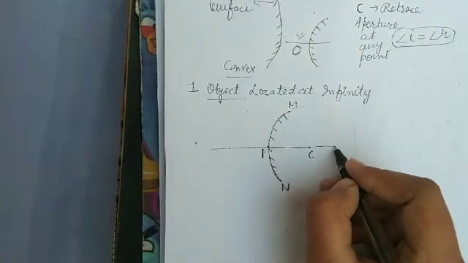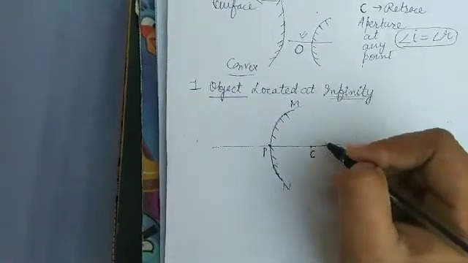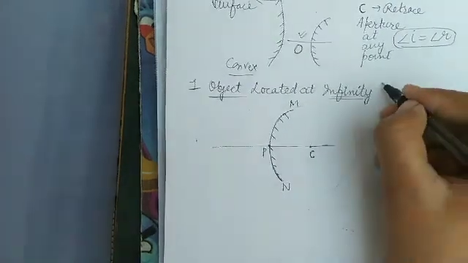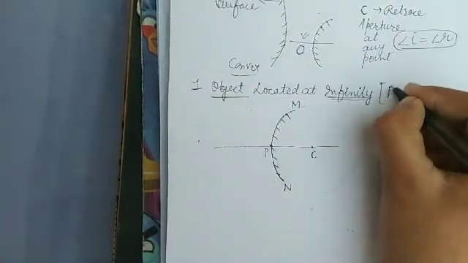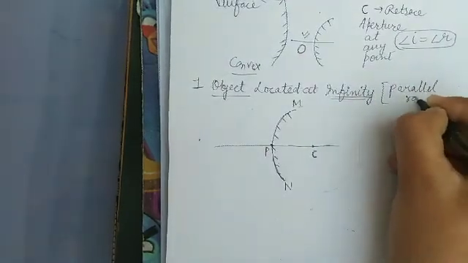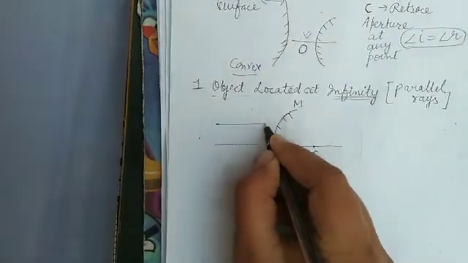Now the object is located at infinity. As I told you in my previous video, if the object is located at infinity, it means the rays coming are parallel to each other.